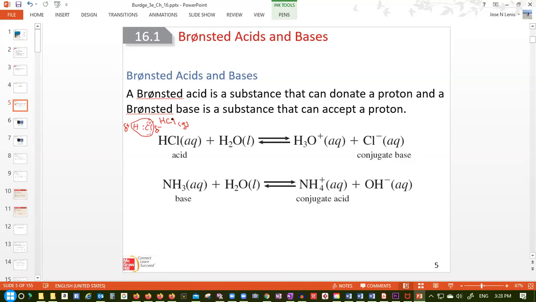But when we bubble this gas into water, then water, due to the high polarity property, especially oxygen in that water molecule, is able to take the hydrogen.